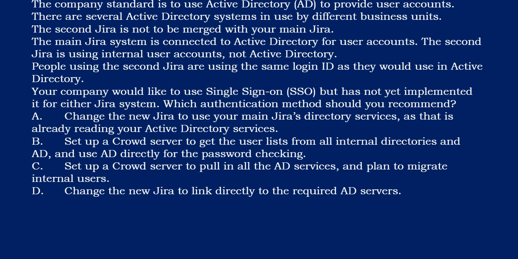Option C. Set up a Crowd server to pull in all active services and plan to migrate internal users. Option D. Change the new Jira to link directly to the required AD servers. Correct answer is option B.